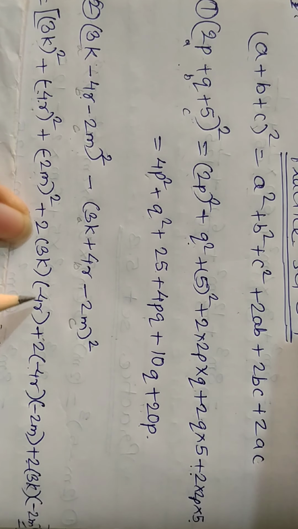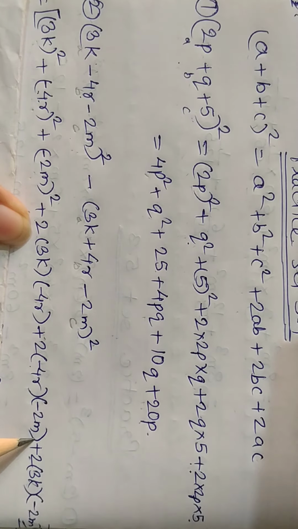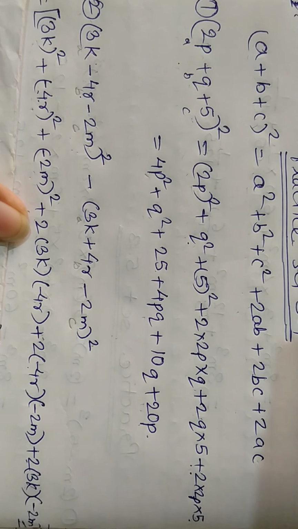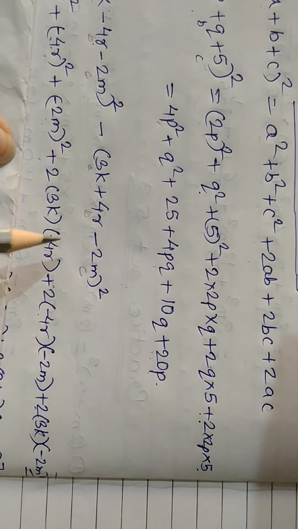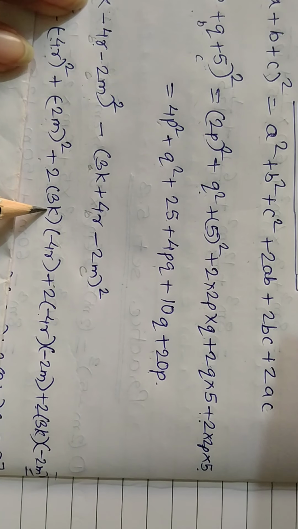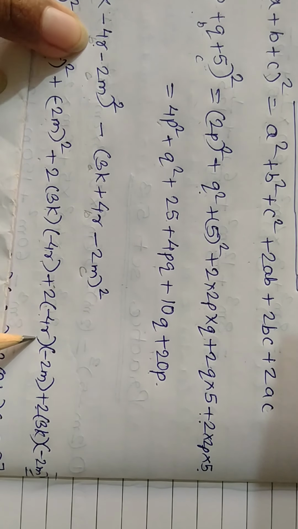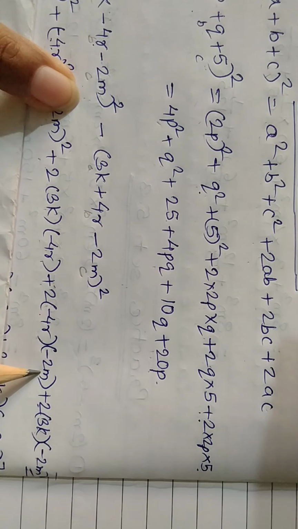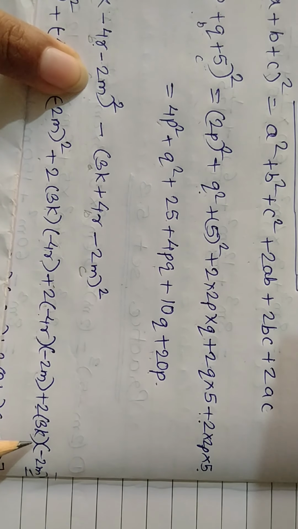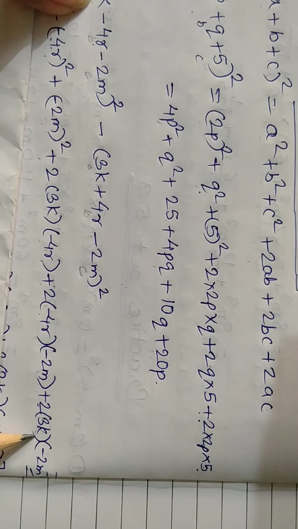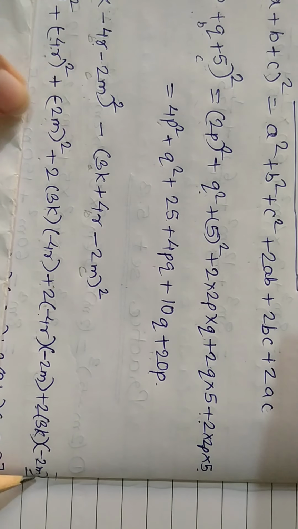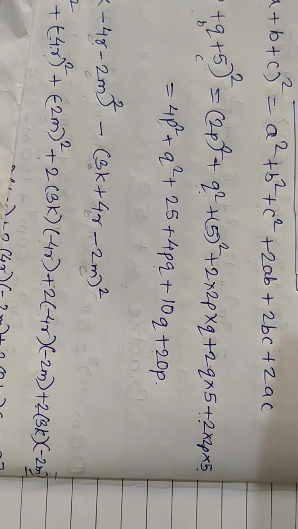Then plus 2ab plus 2bc plus 2ac. See, 2a here 3k, b is −4r, plus 2bc means −4r, −2m, plus 2, 3k, then c, −2m. Now multiply this.